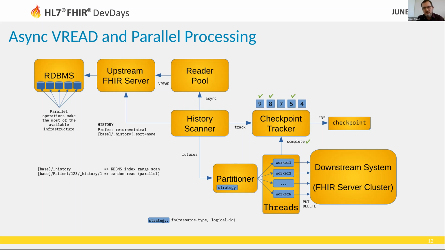The resource type and logical ID tuple is unique according to the FHIR spec, so you just need some kind of function based on that that would allow you to select a particular partition, or particular worker node in this case, to process your data. And then because the worker is processing data serially, you can guarantee that you're going to get version 1 of the resource before you get version 2.